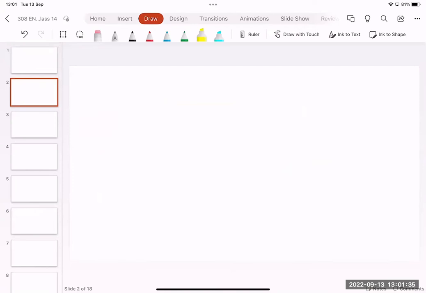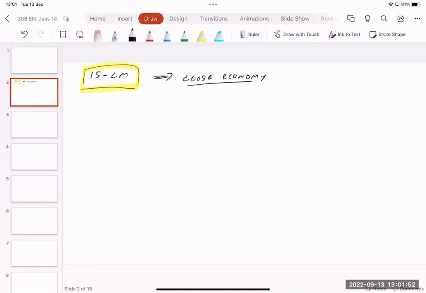For what we learned before about the IS and LM model, in the theory that we learned before, we were focusing on the closed economy. If you still remember, the IS curve represents the equilibrium point in the output market.